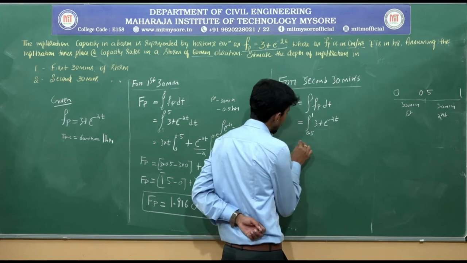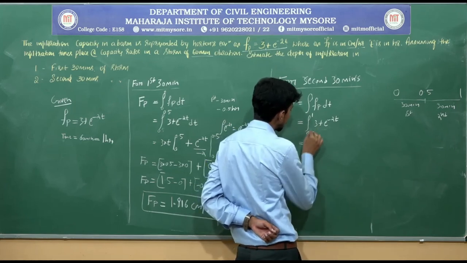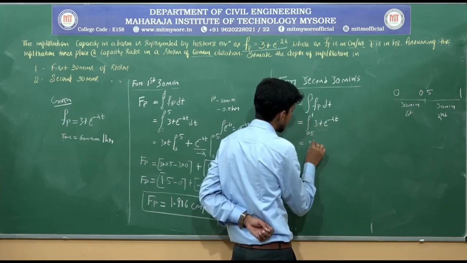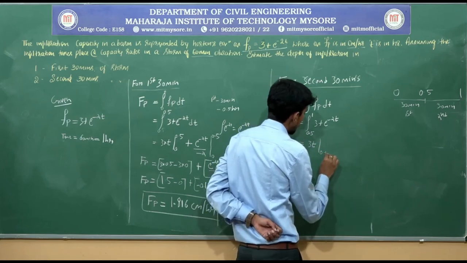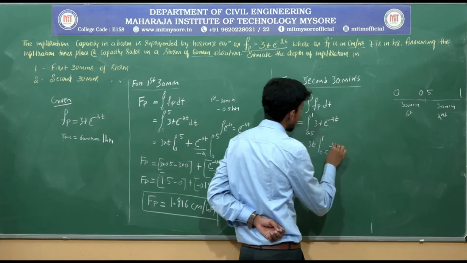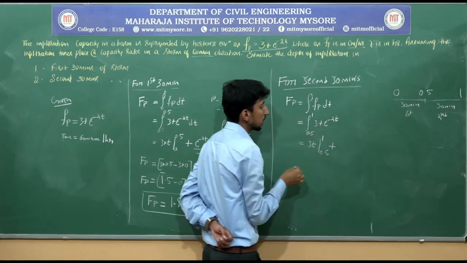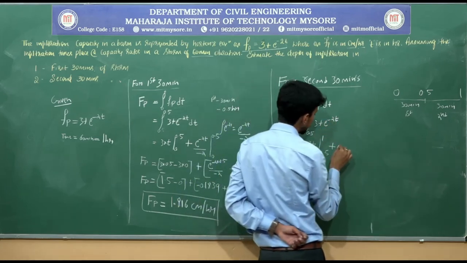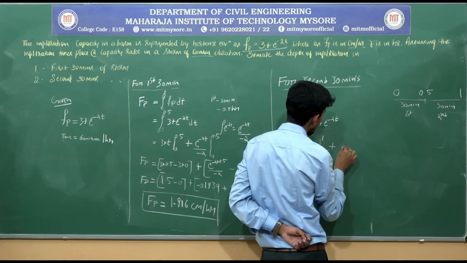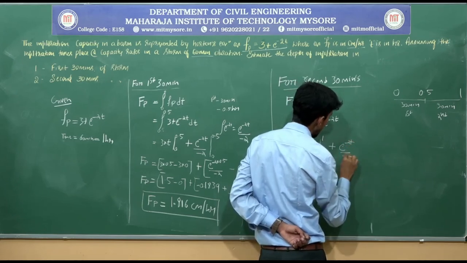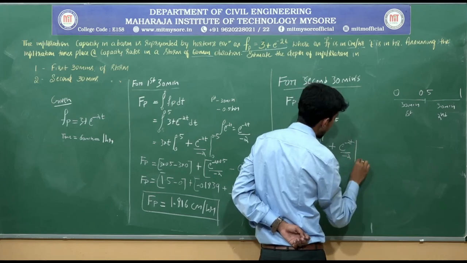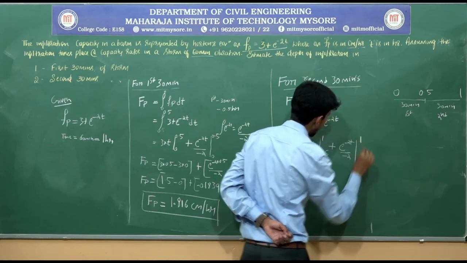Now the integration of 3 is 3t, limit 0.5 to 1, plus e power of minus 2t is e power of minus 2t by minus 2, limit 0.5 to 1.